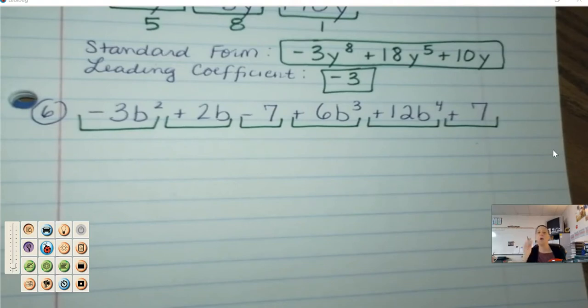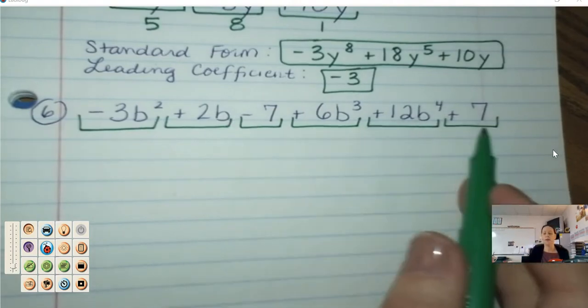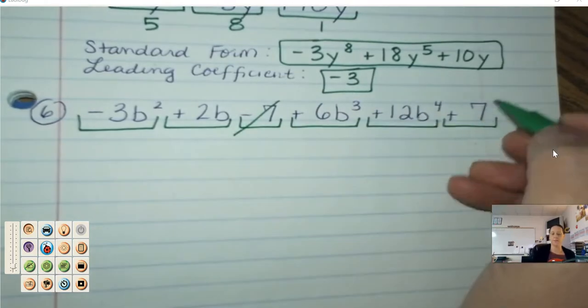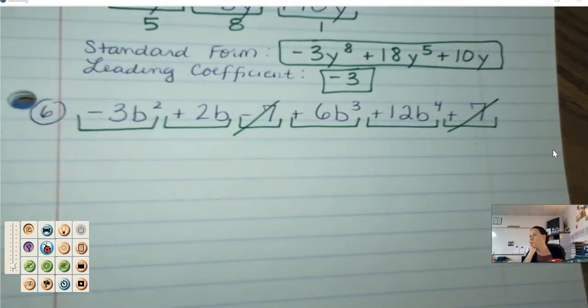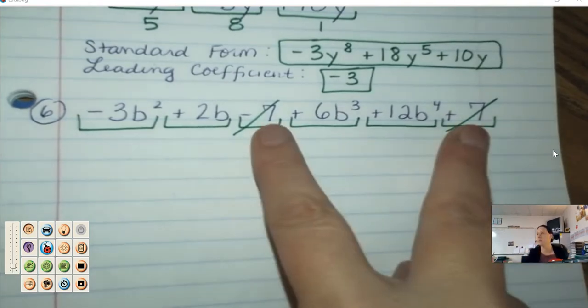This one, we're actually going to end up with a negative 7 and a plus 7 that are just going to be 0, so I wouldn't even write them. I'd just take them off. You could put them, and it doesn't matter which one you put first, the minus 7 or the plus 7. If it's a paper test, I wouldn't mark it wrong. If you're doing HMH, I'm not sure if they're going to make you just drop it completely.